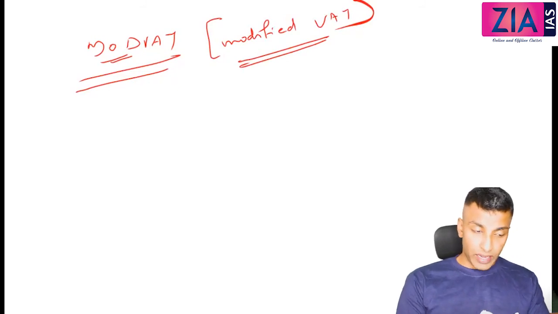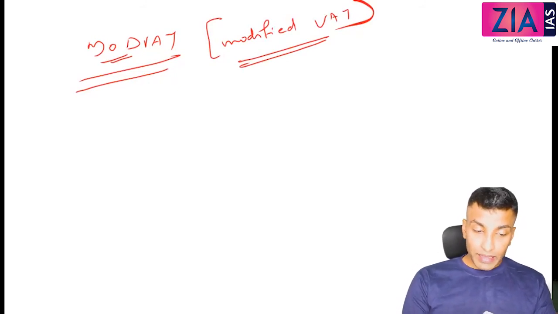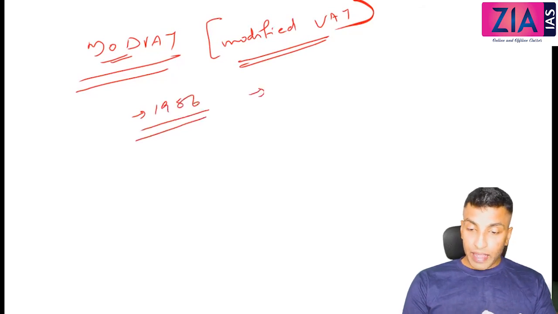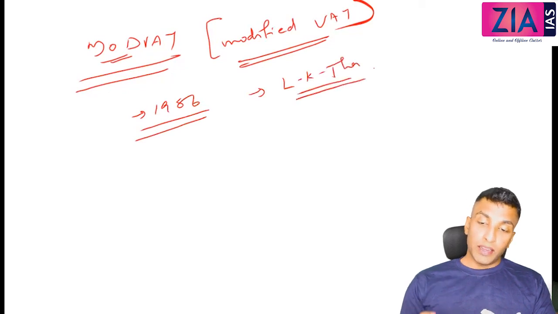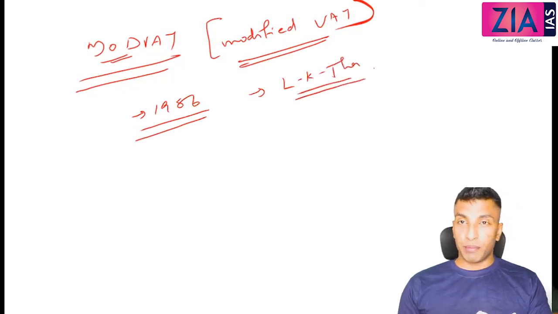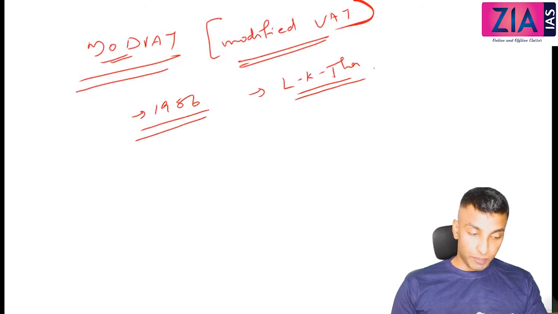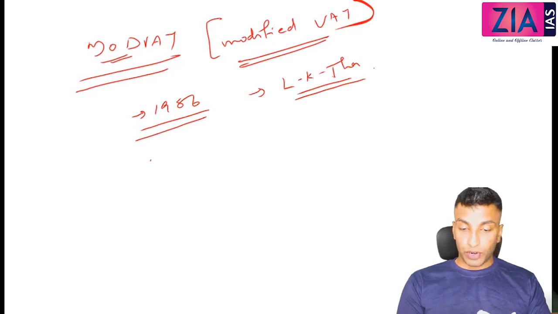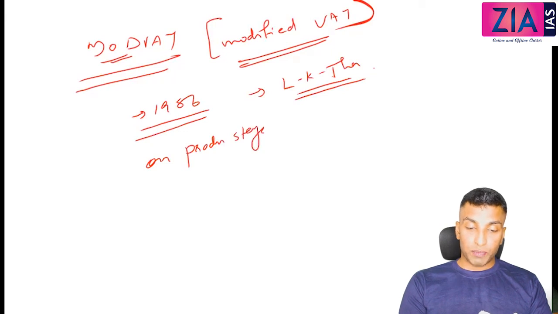This is what we have followed, and it was adopted in India in 1986 on the recommendation of the L.K. Jha Committee. It was adopted by the central government on the production stage.